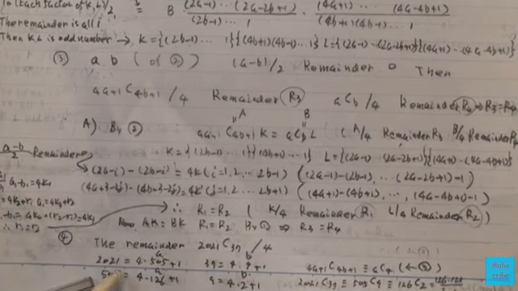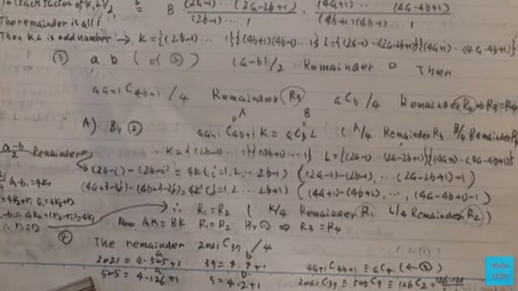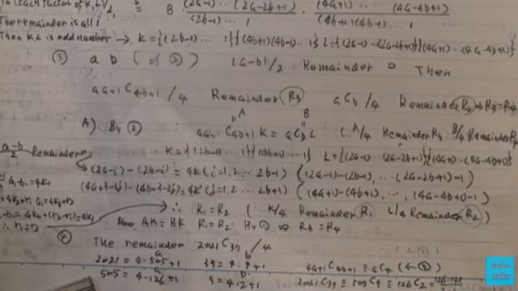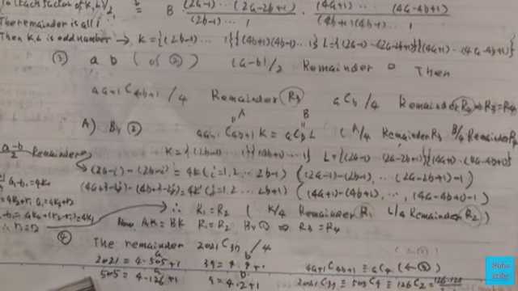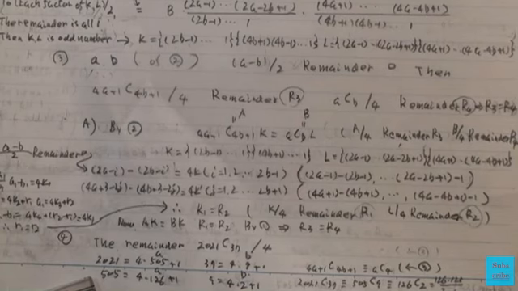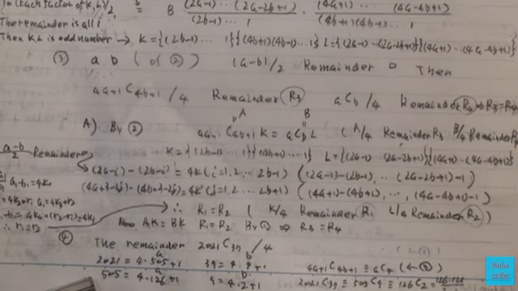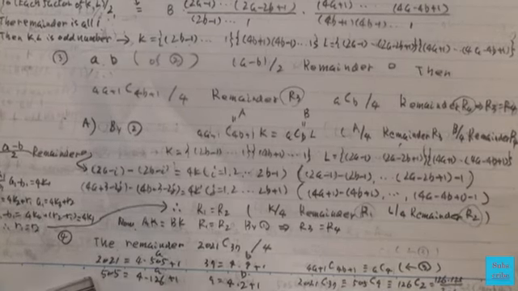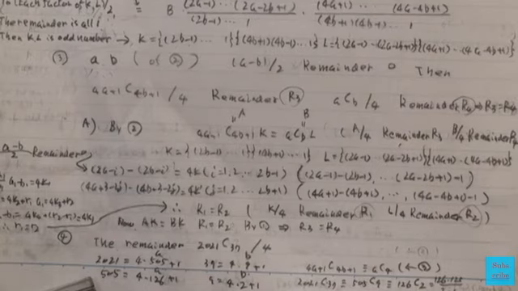And then 126 C 2 mod 4. 126 C 2 equals 126 times 125 over 2 times 1.